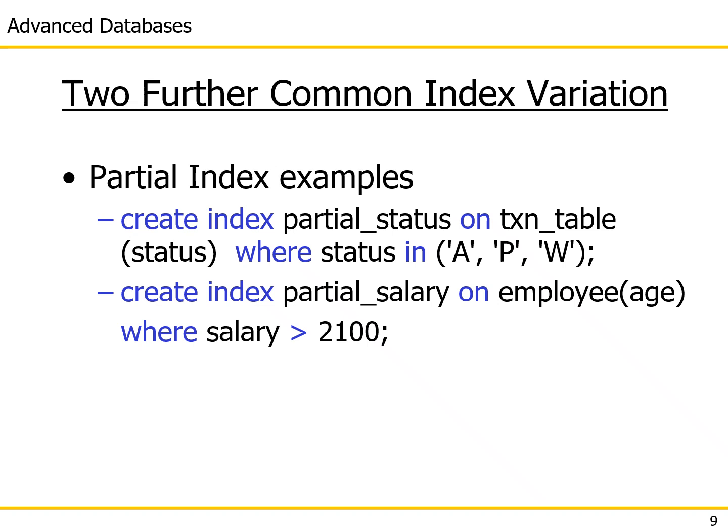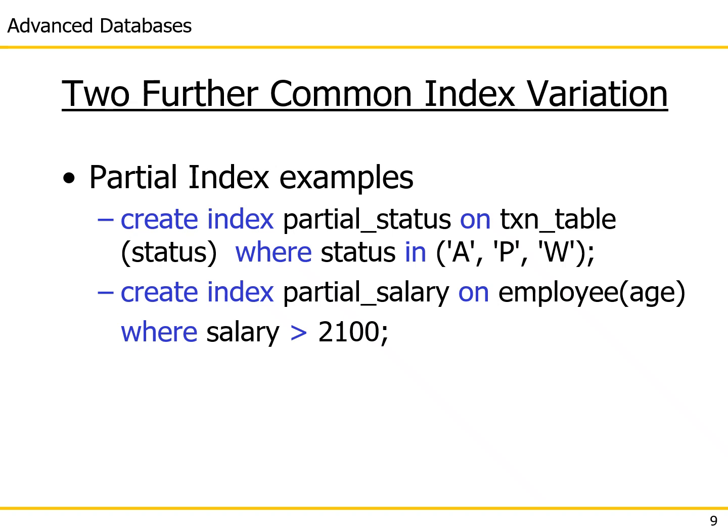So for example, I'm saying create index partial status on transaction table where the status is in A, P, and W. So I could have millions of transactions, but I'm only interested in those whose status is A or P or W. I could have maybe 10 different statuses for transactions, but I don't care. I am only interested in speeding up queries where the status is going to be either A, P, or W. And for those, I'm going to build an index.